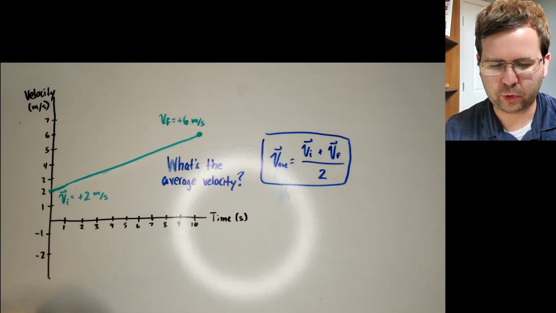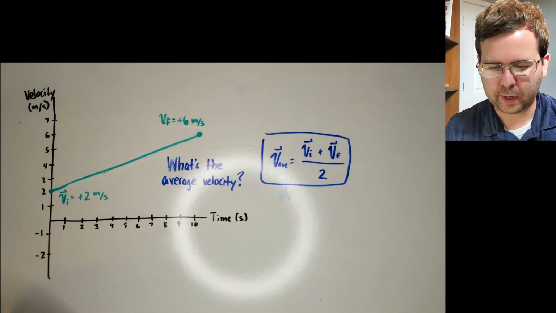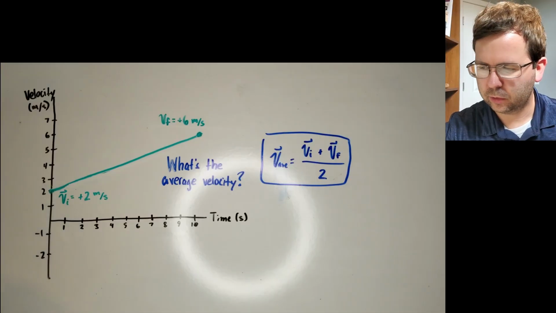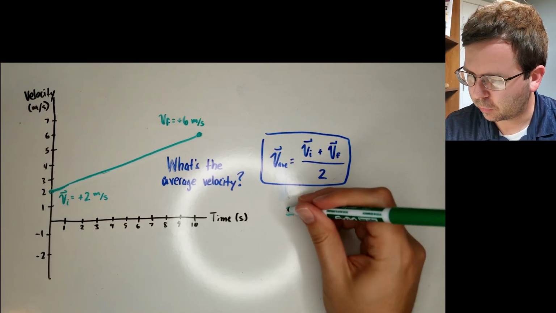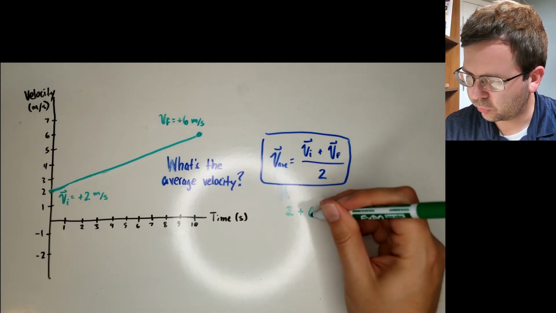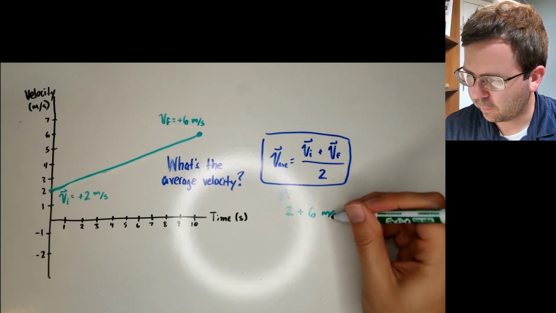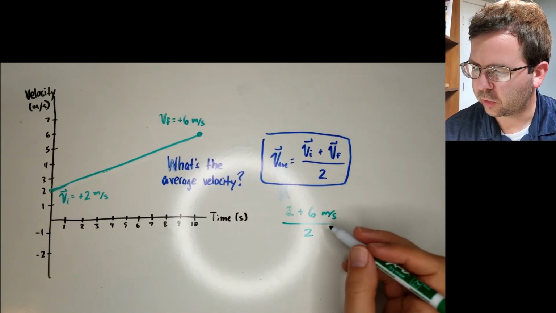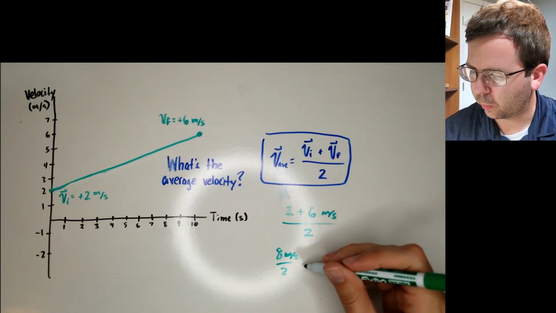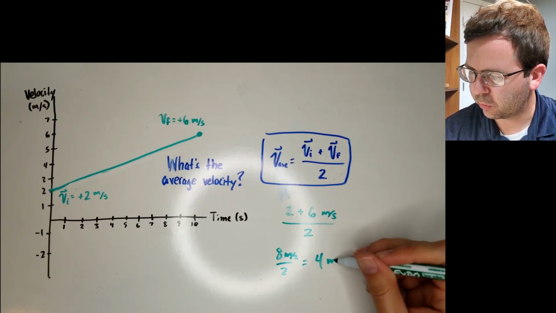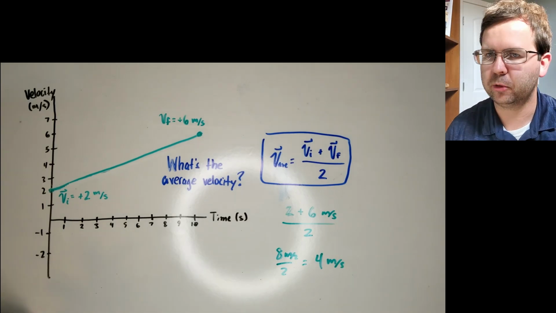So 2 meters per second to 6 meters per second, if we add those two together, 2 plus 6 meters per second over 2, that's going to be 8 over 2, or 4 meters per second is the average velocity for this particular object.